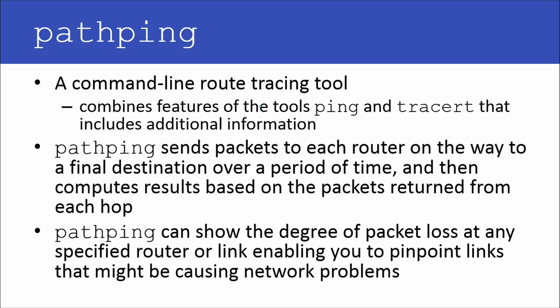It actually will compute results in regards to each hop based on the packets returned from each router that your data visits on its route to its final destination. So really, really cool. It allows you to evaluate things really in depth.